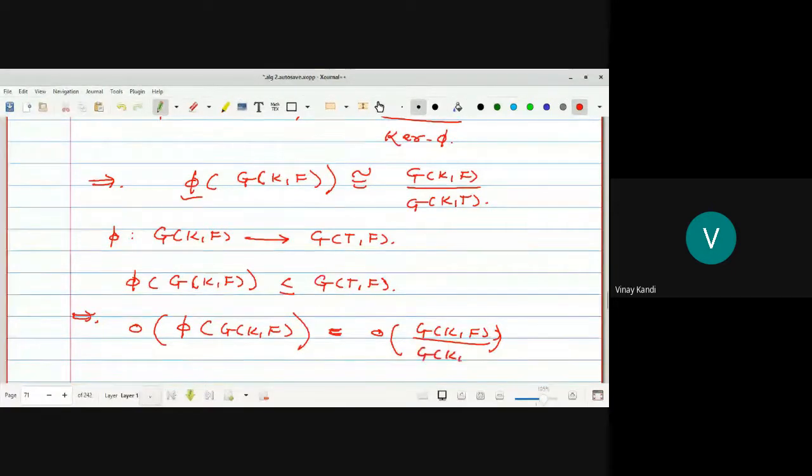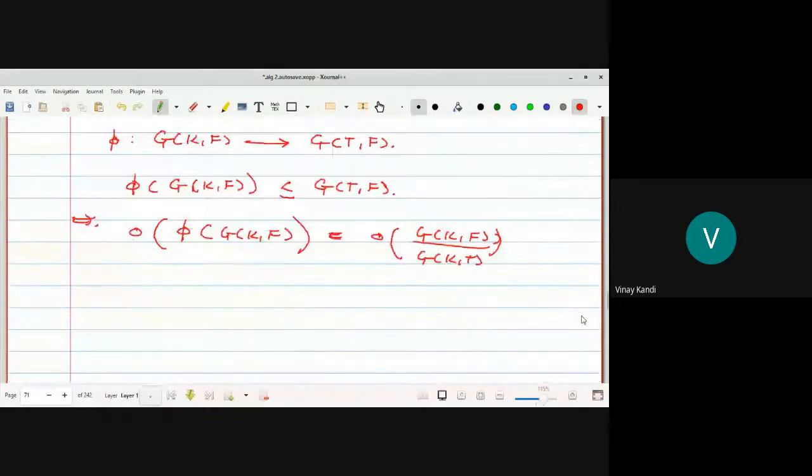That is the index of GKT in GKF, which is equal to the dimension of T over F.